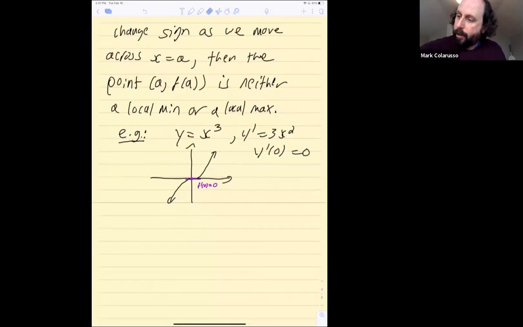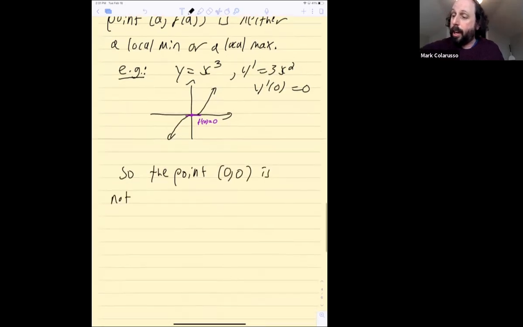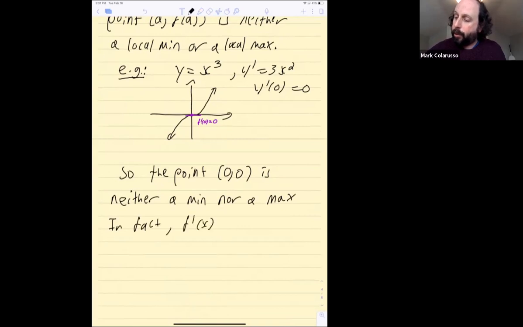So the point 0, 0 is neither a min nor a max. In fact, f prime at x equals 3x squared is greater than or equal to 0 for all x.